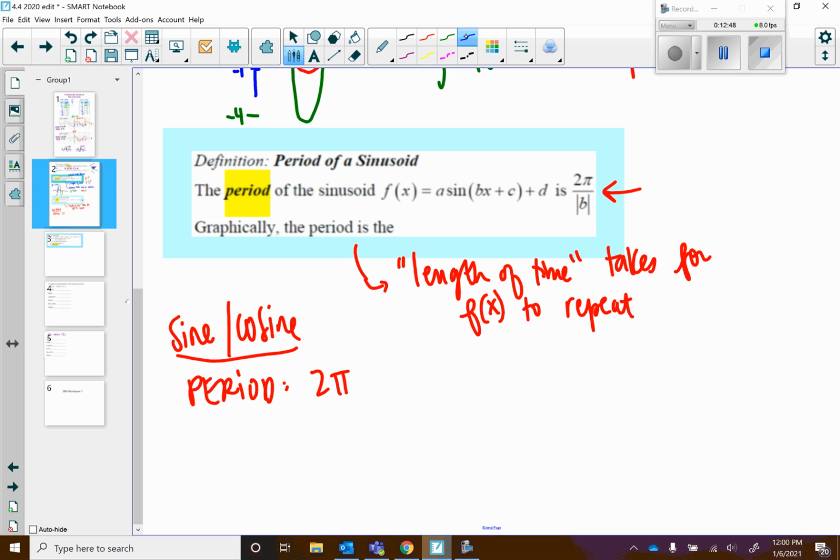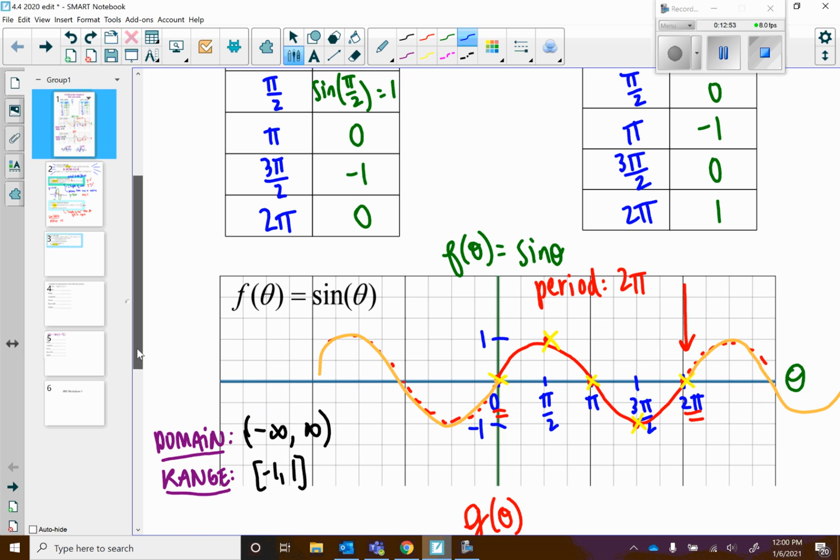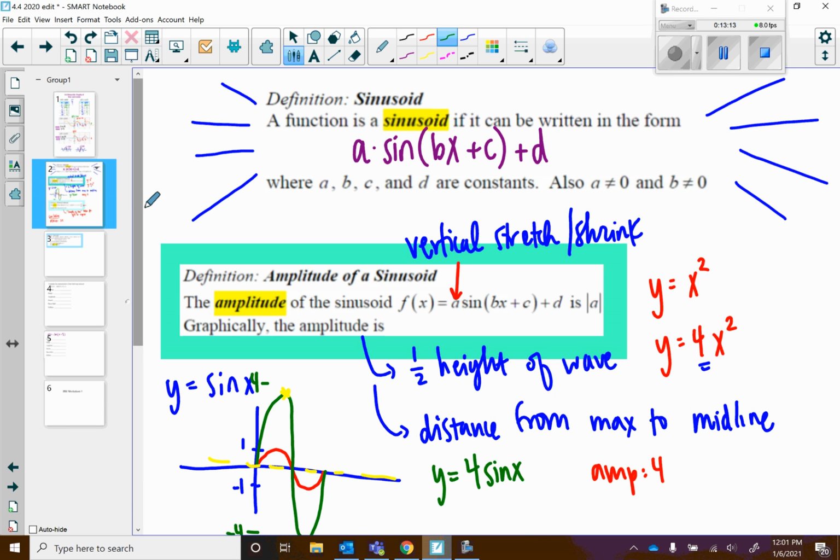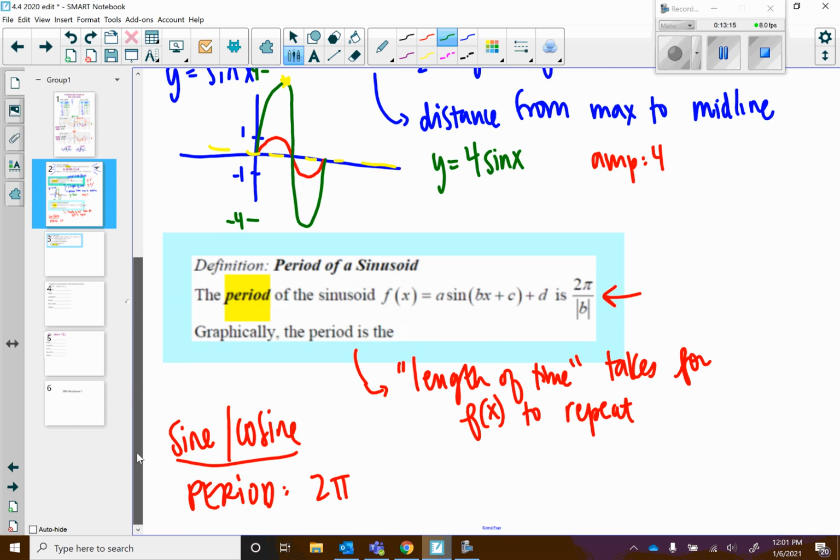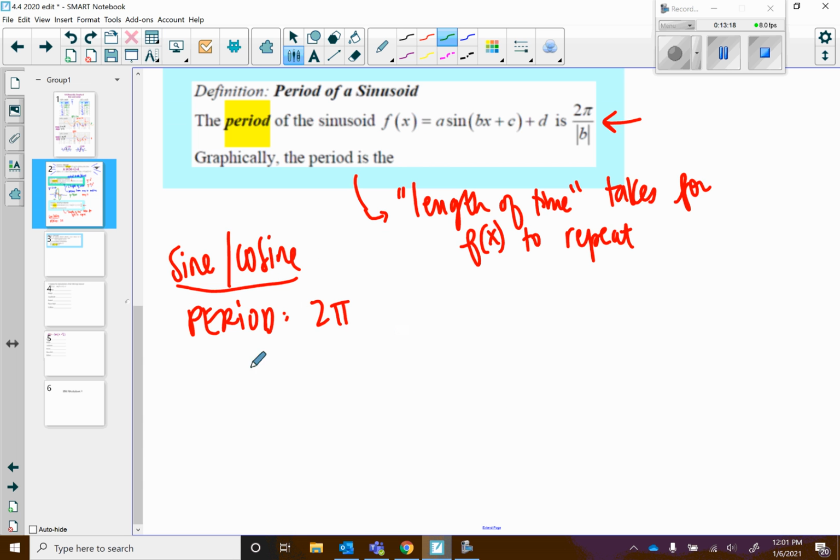Now, if we think of this graphically, how we've been doing transformations before, to change how long this thing takes to repeat itself, we would want to do a horizontal shrink or stretch, right? I can't physically do it on here, but if I took this thing and squished it horizontally, the period would be smaller. It would repeat itself more frequently. So that's why, if we look at our definition here, the period of a sinusoid is equal to 2 pi divided by whatever this b value is.